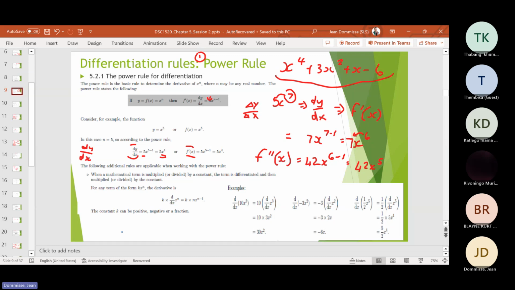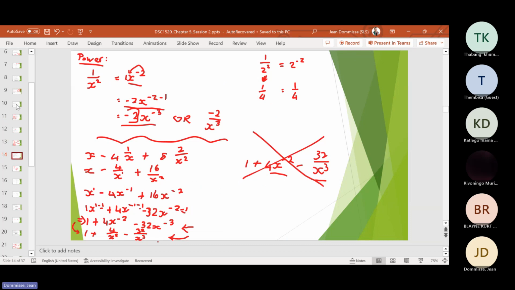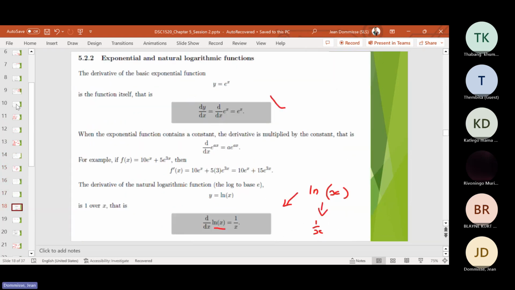You're going to use your power rule also in a lot of the other rules, just because you will have functions that you need to simplify. Then we get to logs and exponentials, but those are not specific rules.